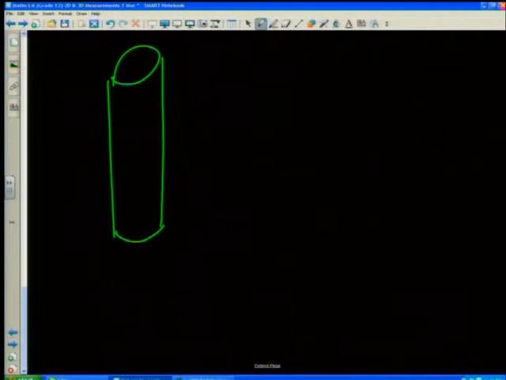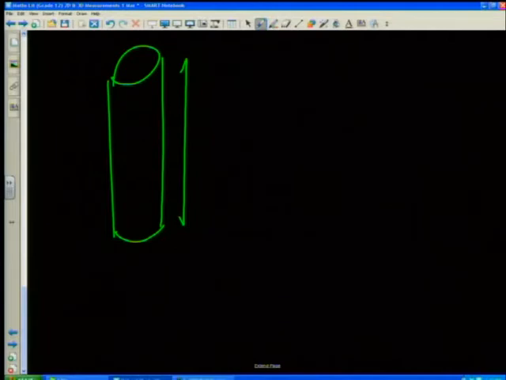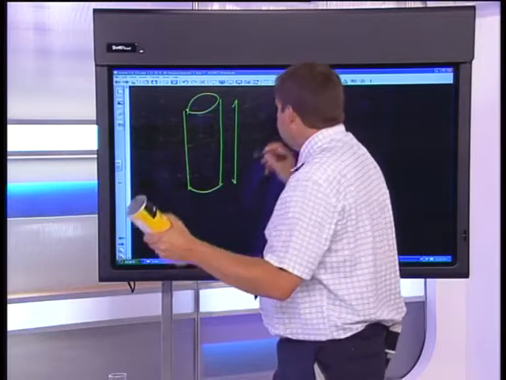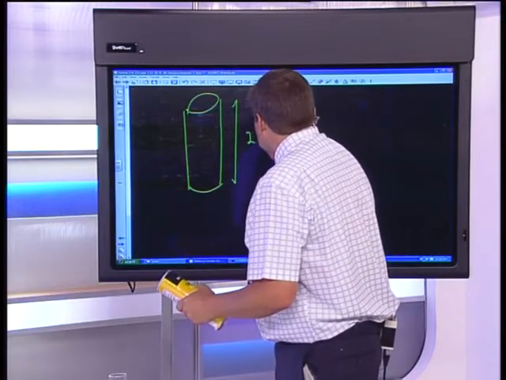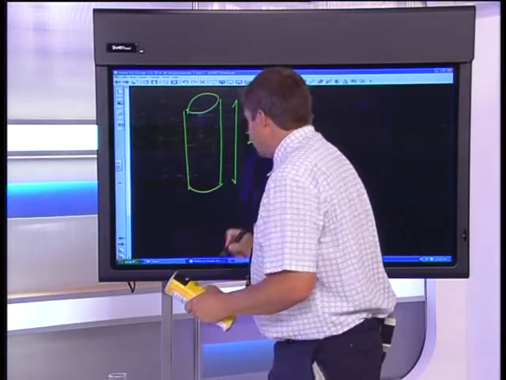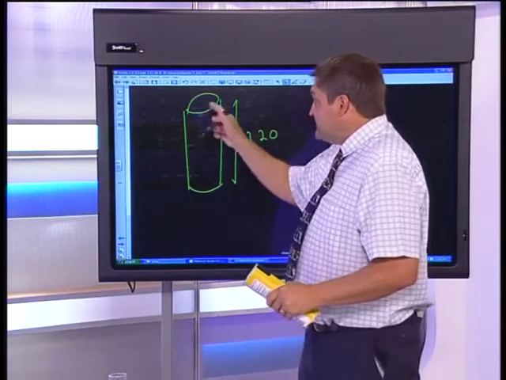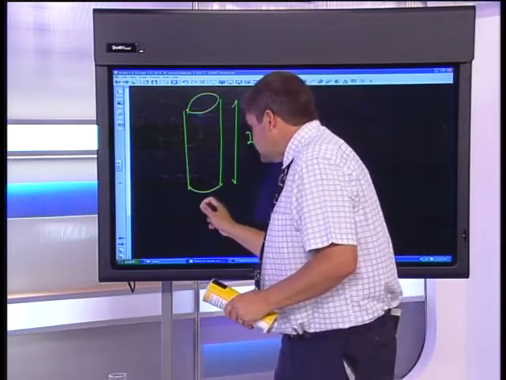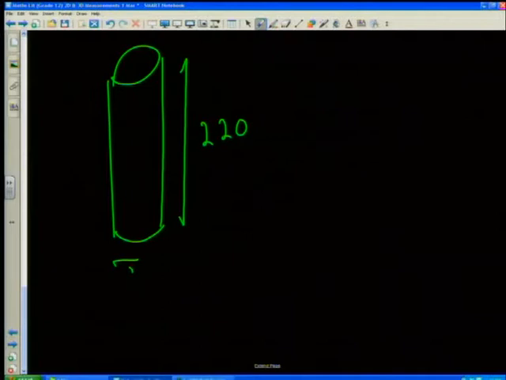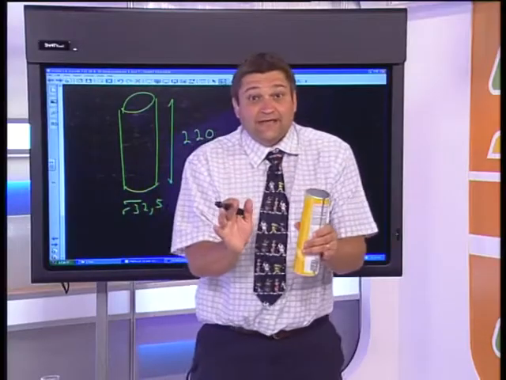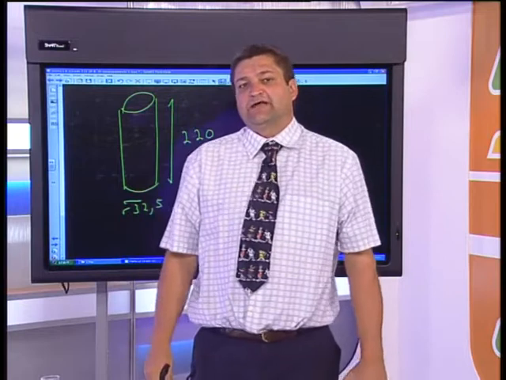All they're going to give you is the height, which is 220, and the radius, which was 32.5, if I remember correctly. That's all they're going to give you. And then they're going to say, calculate the surface area.